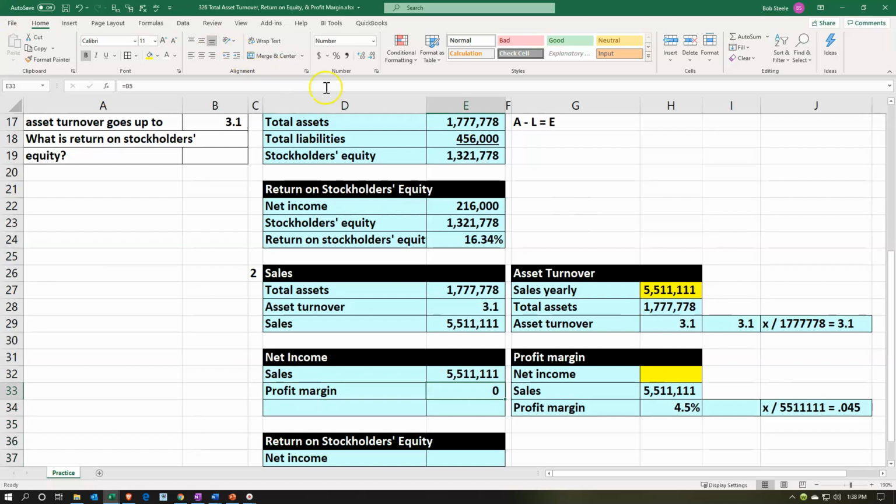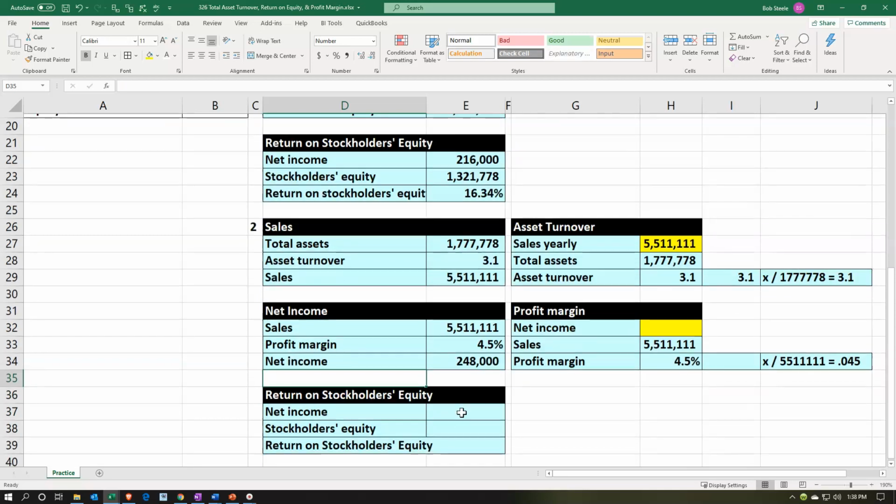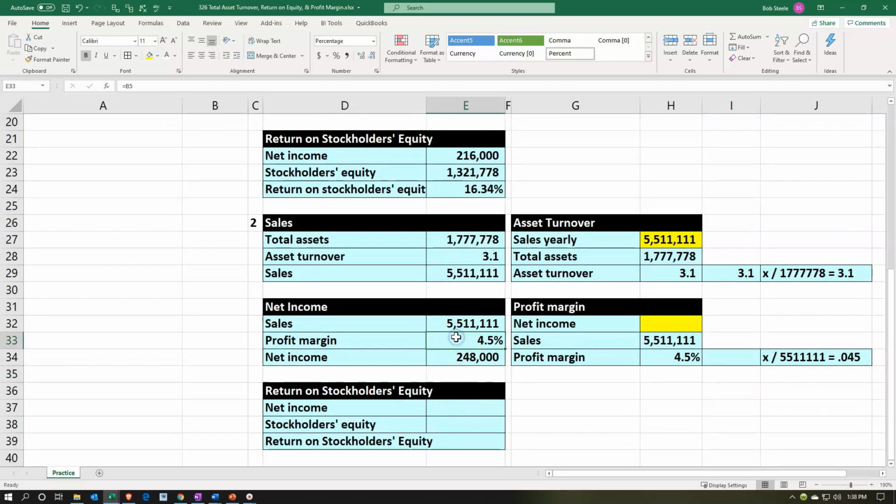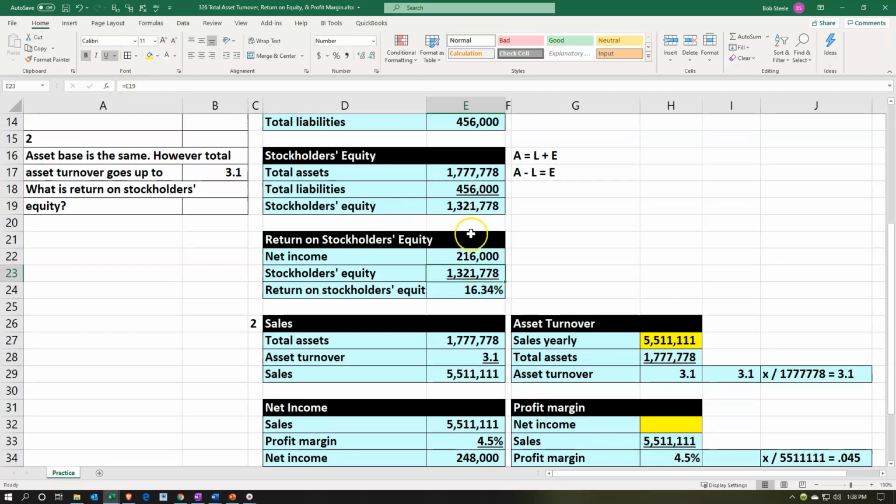So I'm going to go home tab numbers percent, add the decimal. Then I know that the net income should be equal to the sales times the profit margin, and that's going to be the net income. So that's going to be the 248 in this case. Let's put some underlines here.